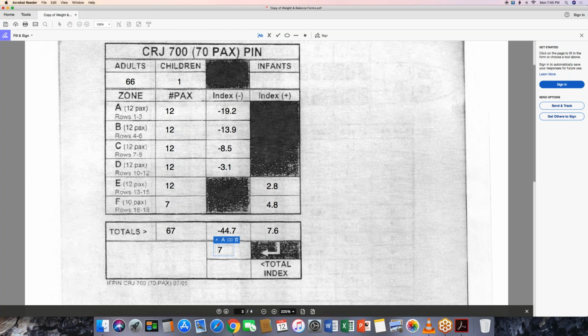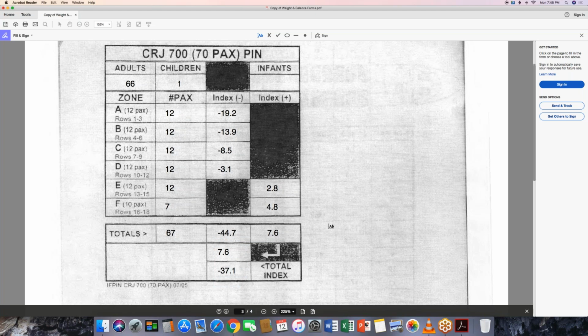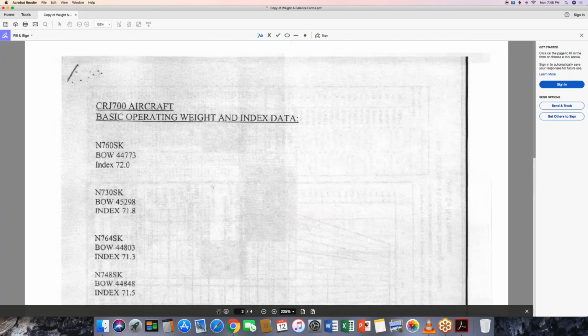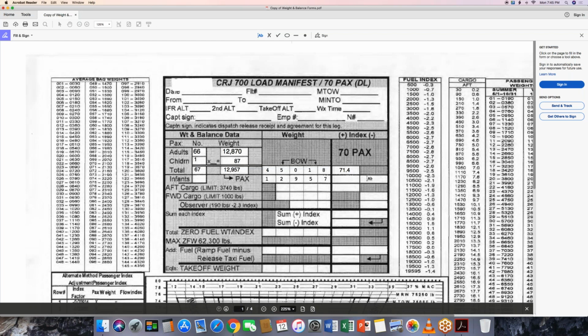So we move our positive down below. And what did we get for our total here? Negative 37.1 is what I have. All right. We put it in our negative side here.